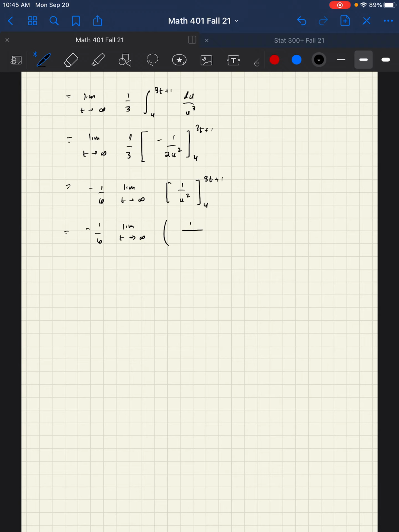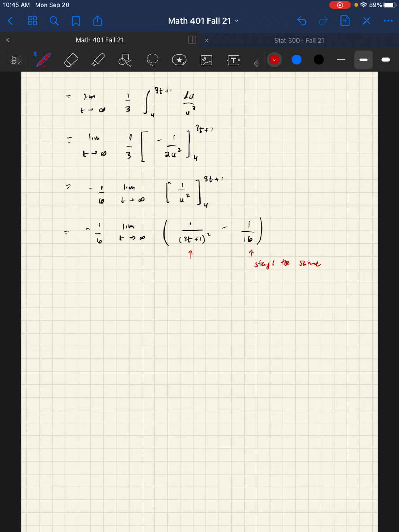But at this point, we're using FTC2, which means we're going to plug in our b, which in this case is 3t plus 1. So 1 over (3t plus 1) squared minus 1 over 4 squared, which is 16. Good so far? Then what happens when we apply this limit? This is a constant that's going to stay the same, so we don't have to worry about that.